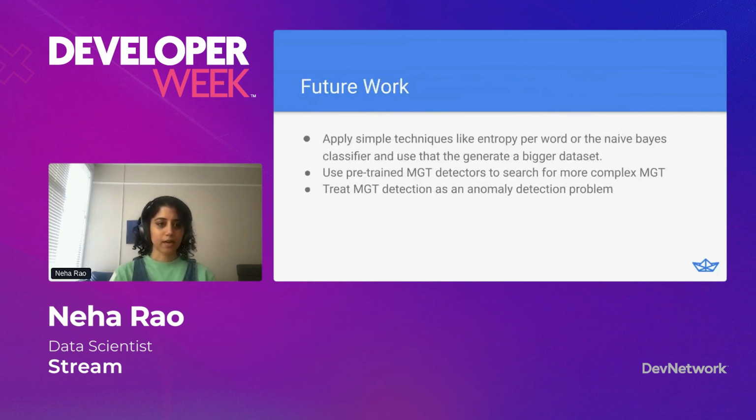So in terms of future work, we're looking at applying simple techniques like entropy per word and the naive Bayes classifier, both to identify machine-generated text and also generate a bigger data set. We also are looking to use pre-trained machine-generated text detectors to search for more complex machine-generated text within our customer data, just to understand the problem that our customers are dealing with a bit more.